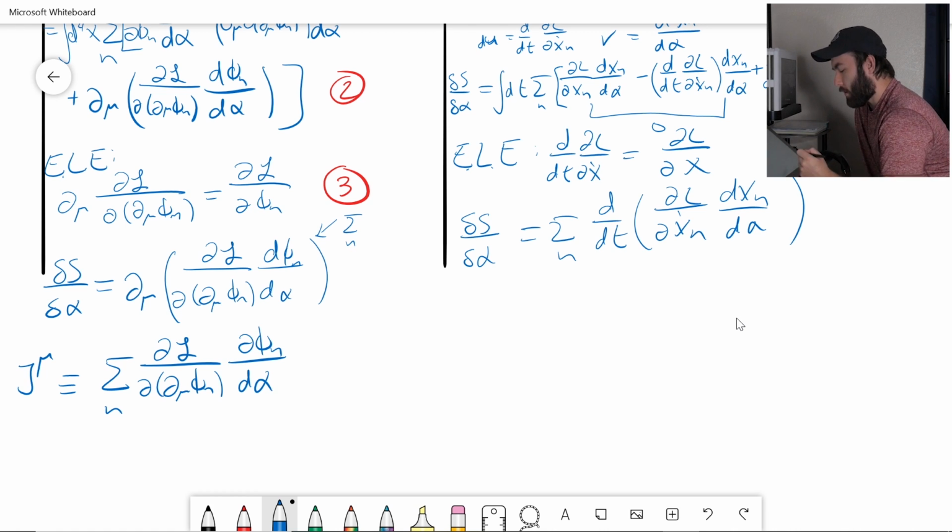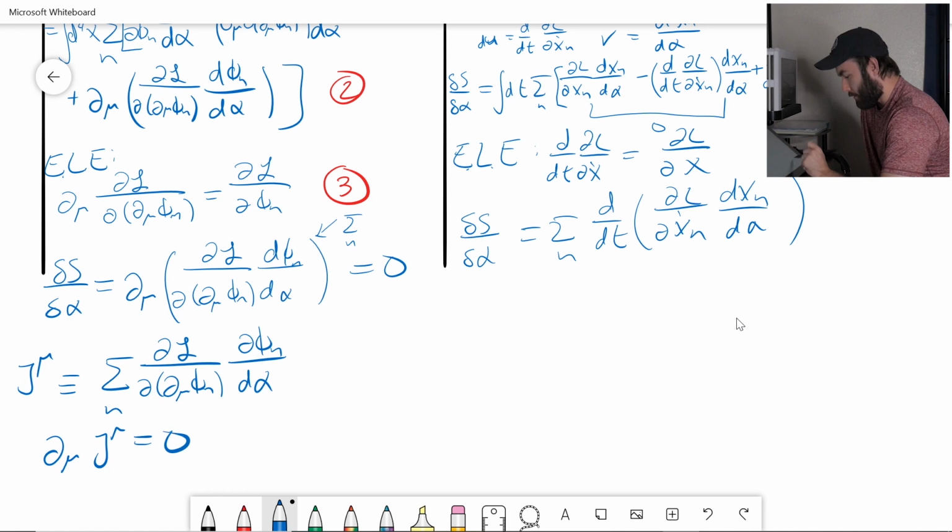So when we write it this way, we can rewrite this expression, which should be equal to 0 because the variation of the action is equal to 0. We get that the divergence, d_mu j^mu, is equal to 0.